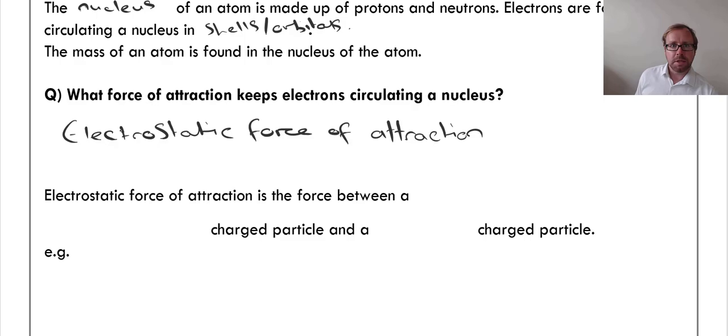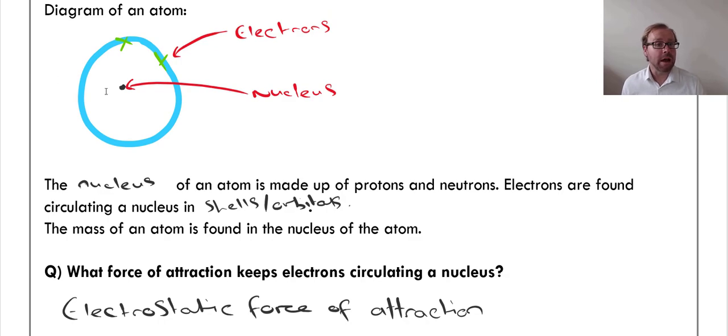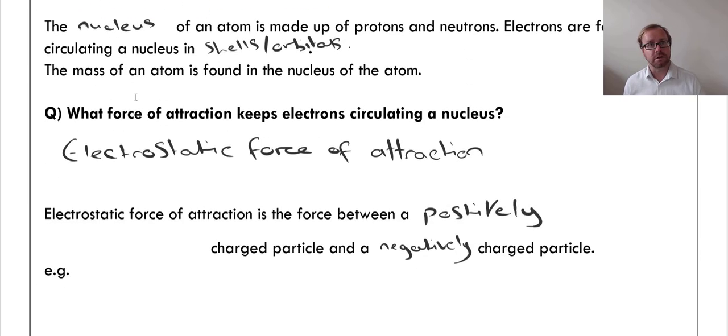And we can describe the electrostatic force of attraction as the force between a positively charged particle and a negatively charged particle. In the example above here, our positive particle would be our nucleus, because it has protons and neutrons in, so it's positively charged, and our other particle, they are both subatomic particles, are the electrons.